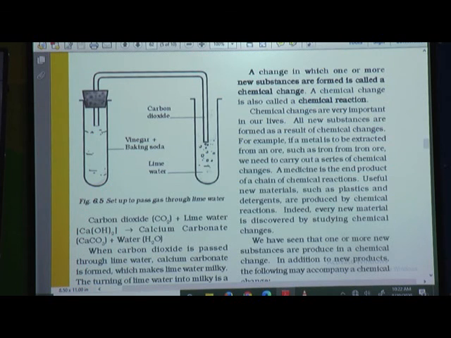So why are we doing this? Because we have to see exactly which gas or which substances are going to be produced here after adding vinegar into baking soda. That is why we do this experiment, or this activity.